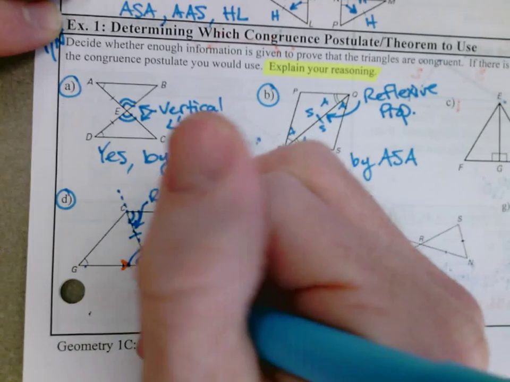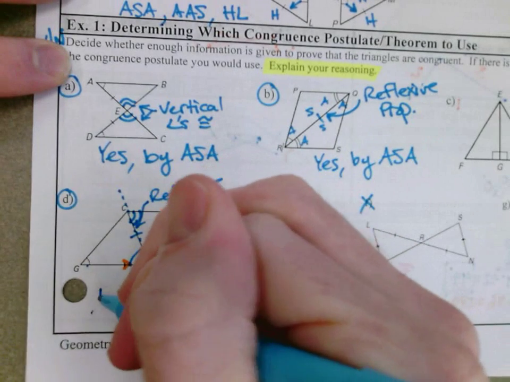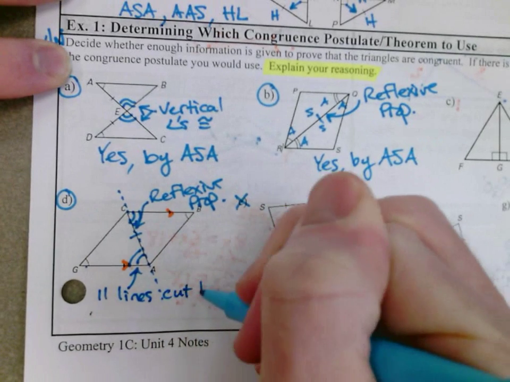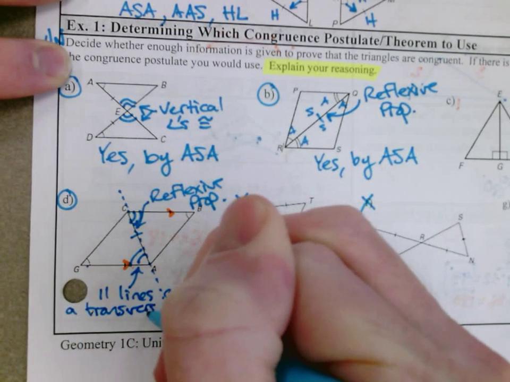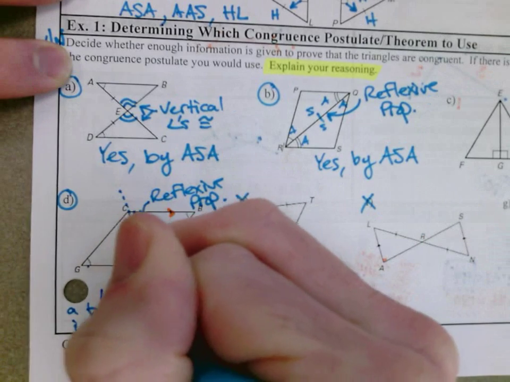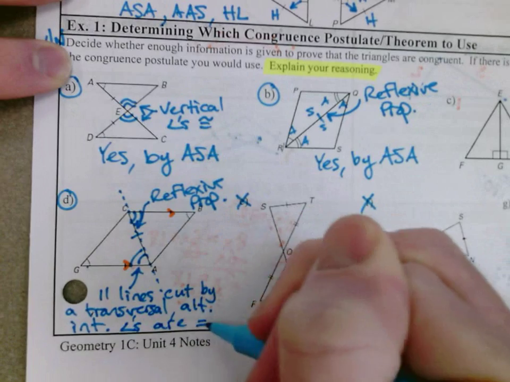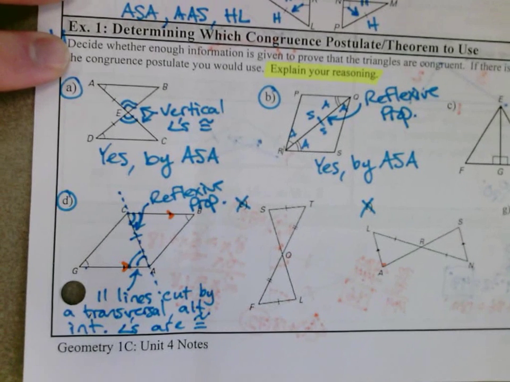And the reason behind that is, with a little bit of abbreviation here, parallel lines cut by a transversal, comma, alternate interior angles are congruent. Woo! That's a mouthful, but we did it.